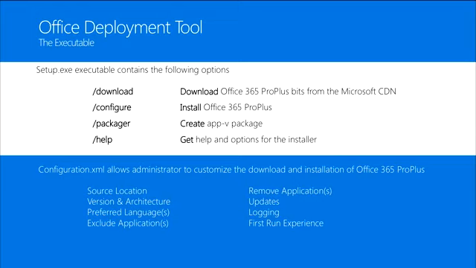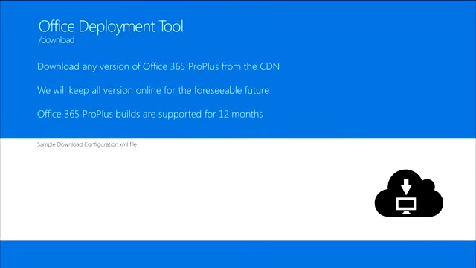So it is possible to go ahead and create an App-V package, that really lightweight package. You can also set up help as well. So you can see at the bottom, you can control things like the version, the architecture, the languages, and all of these are managed here.